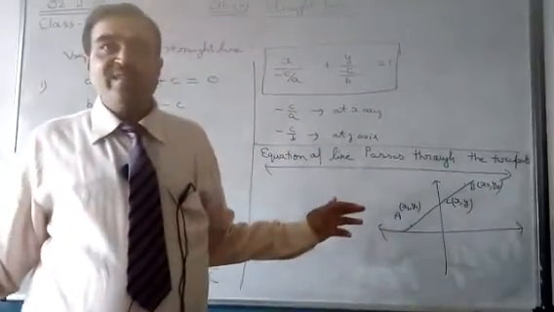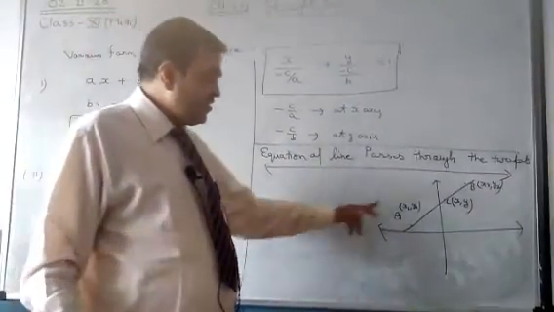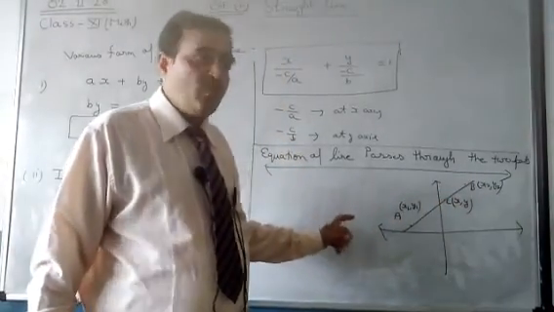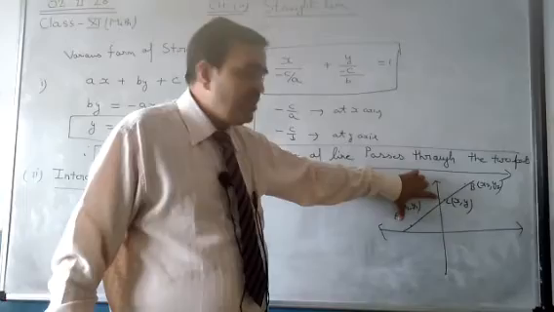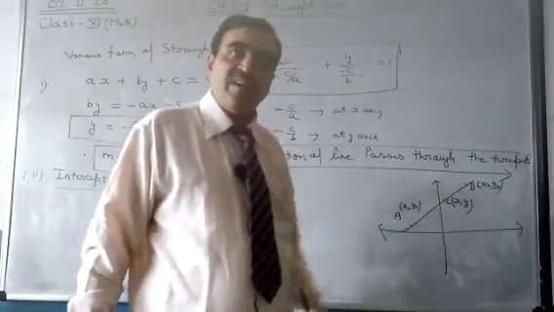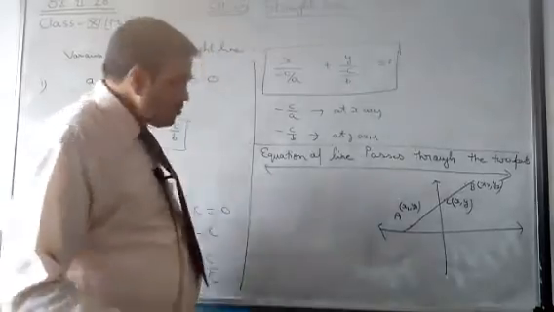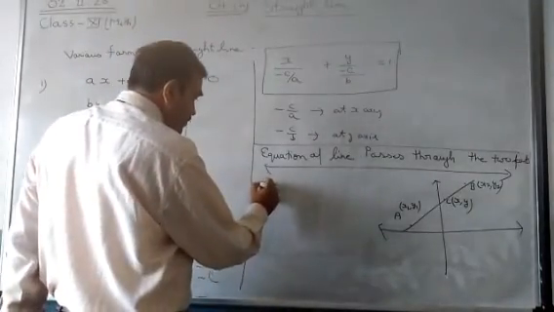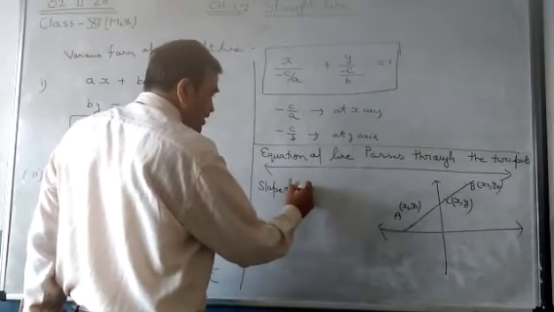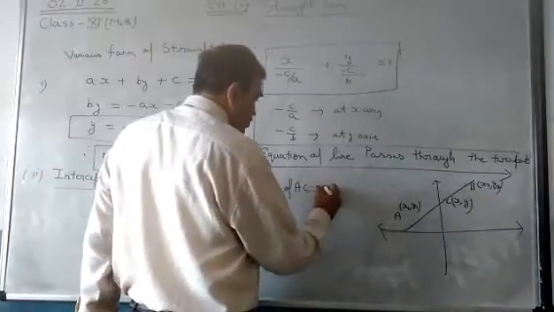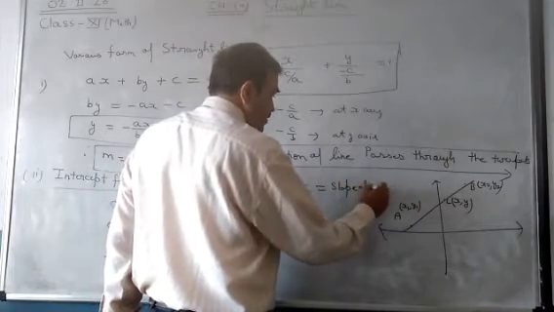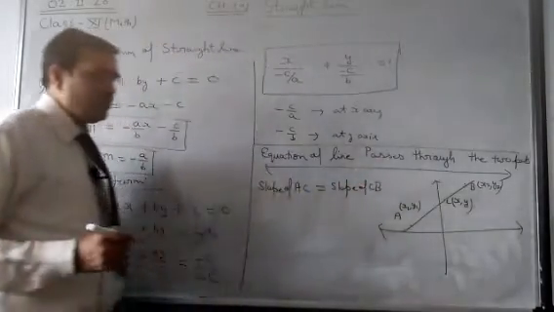इसके लिए हम लोग क्या करेंगे? सबसे पहले we know that these 3 points are collinear points, so the slope of AC is equal to the slope of CB. Okay, so write down slope of AC is equal to slope of CB.